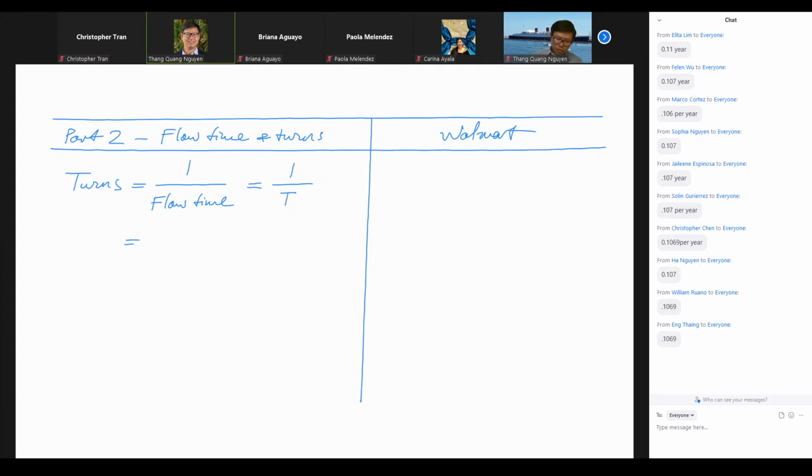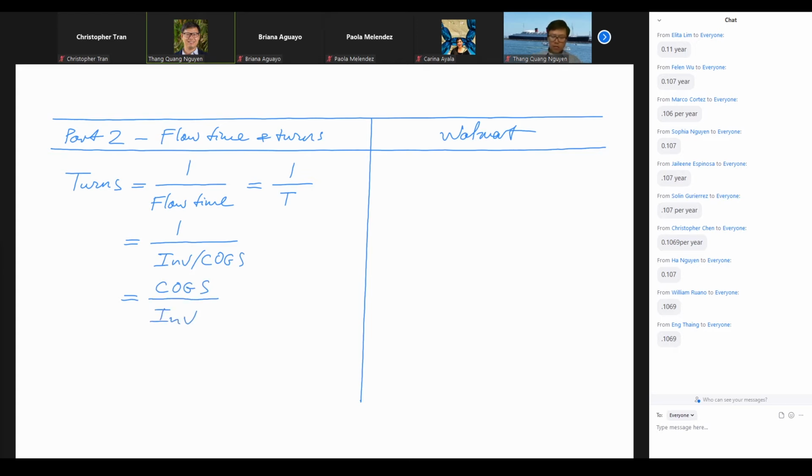But then what is T? Remember, the earlier equation is the following for T. T equals inventory divided by the cost of goods sold, right? That's Little's Law right here: inventory divided by the flow rate. That's the T. So if I rewrite the equation like this, then the turns will eventually be cost of goods sold divided by the inventory, right?